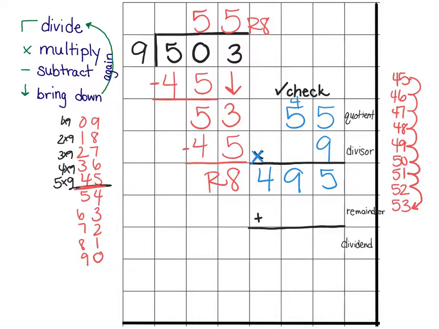Now, we need to add a remainder of 8. Right up here. 5 plus 8 is 13. 9 plus 1 is 10. And 1 plus 4 is 5. 503, 503. We're correct again.